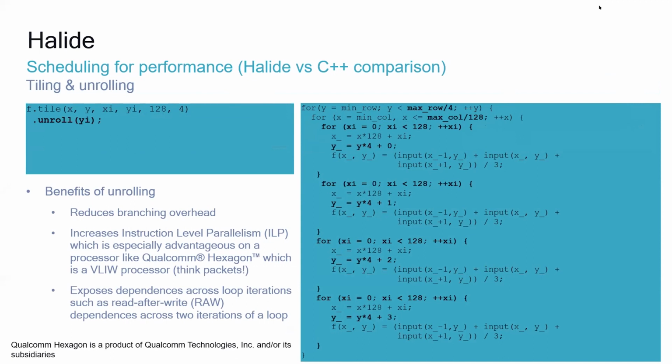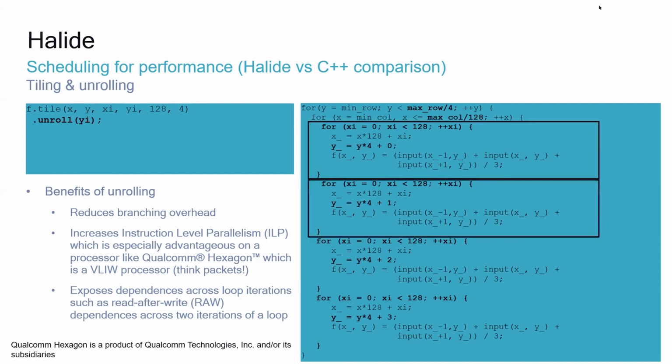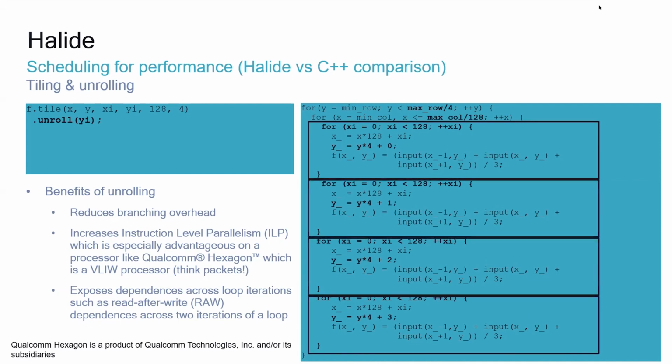The code in Halide on the left side is very simple, very minimal. You need not be a C++ expert to write that tiling or unroll. You need to decide what is a tile size, what factor you want to unroll the loop, and boom, done. But in case of C++, you will have to write a pretty complex piece of code. And we are talking about a very, very simple algorithm, which is horizontal blur.